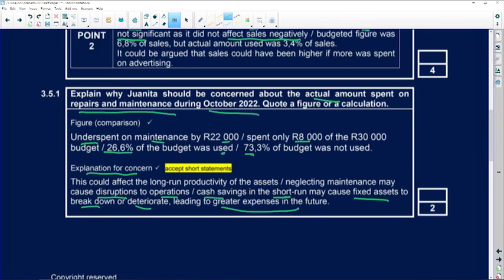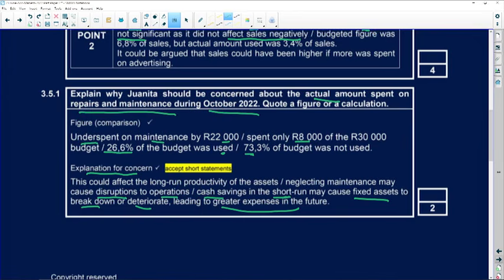So for example, let's say I've got my vehicles, and if I don't service my vehicles regularly, and let's assume I should be servicing them at least every 3 or 4 months, and I neglect this because I'm trying to save a few rands here and there, what would happen in a year's time?